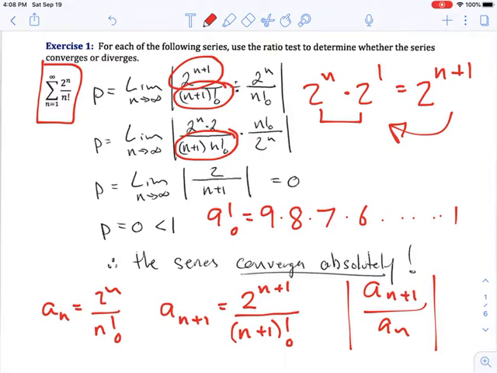So if you have 9 factorial, you could rewrite this as 9 times 8 factorial, couldn't you? Yes, you could. 9 times 8 factorial would be this exact same thing. Think about it. And so that's what I did here.